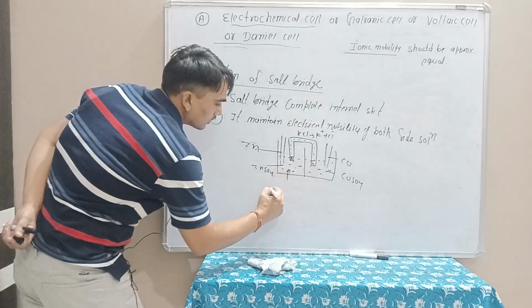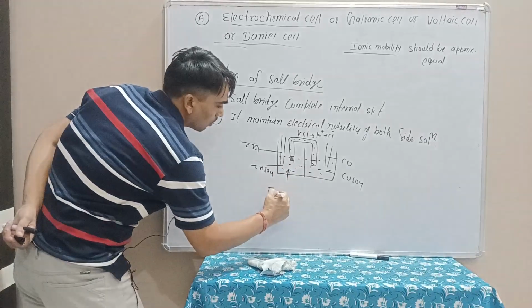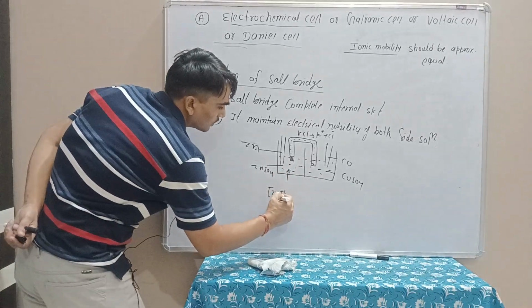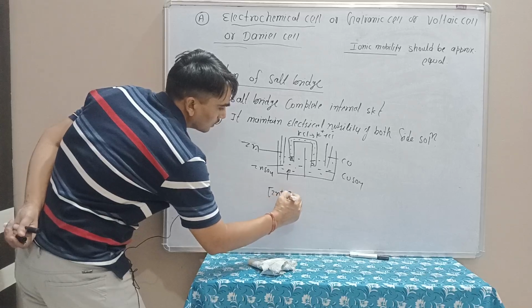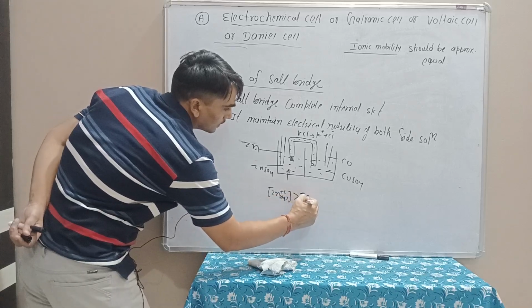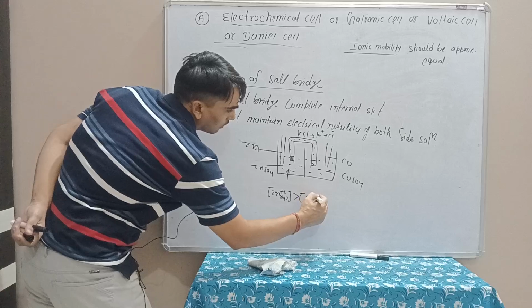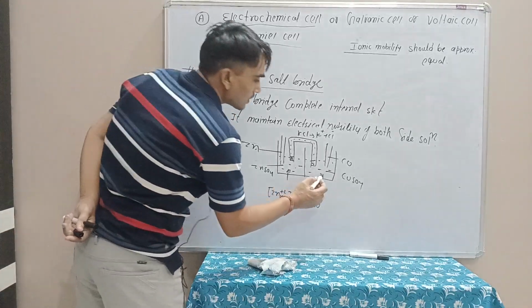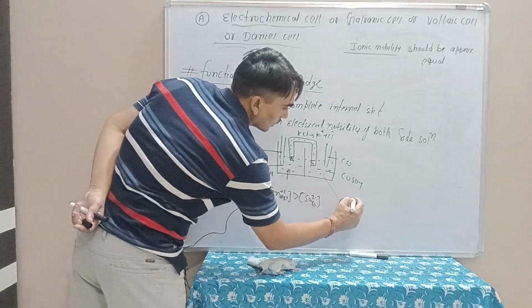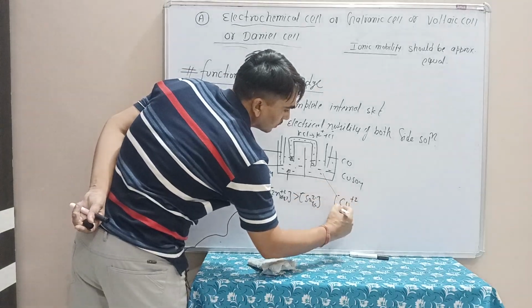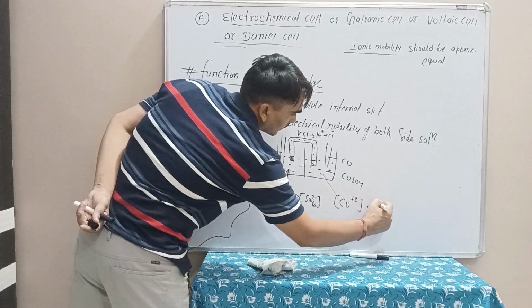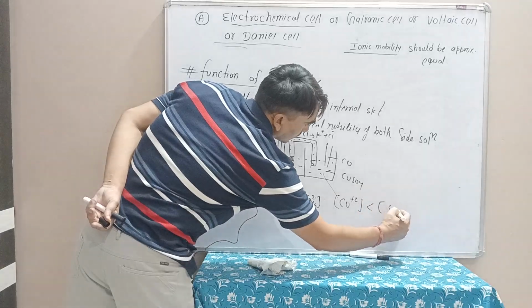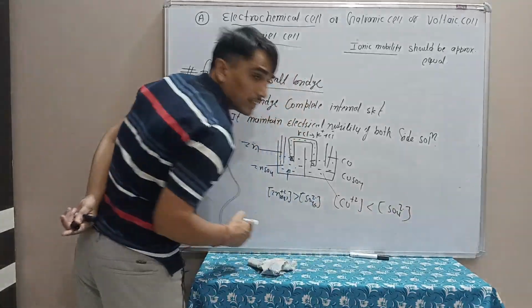In this side the concentration of Zn plus 2 ions increases and sulfate ions decrease, and in this side the concentration of copper plus 2 ions decreases and sulfate ions increase.